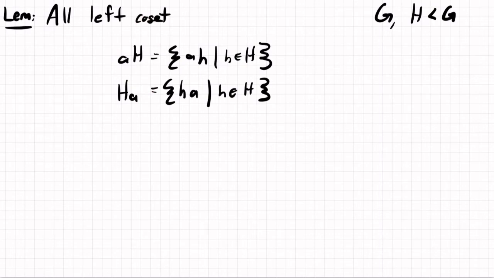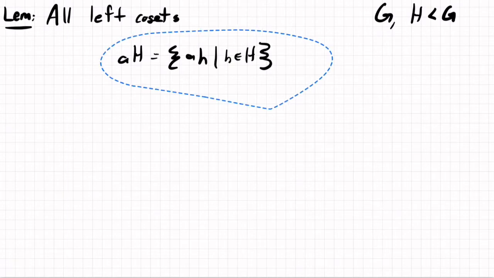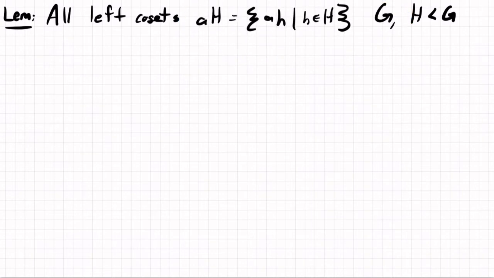So we have two different notions of coset. But this is a minor detail, and right now we don't care too much. So let's consider all the left cosets. And we've already proved that these partition the group G. Now we want to show that all these left cosets have the same order.